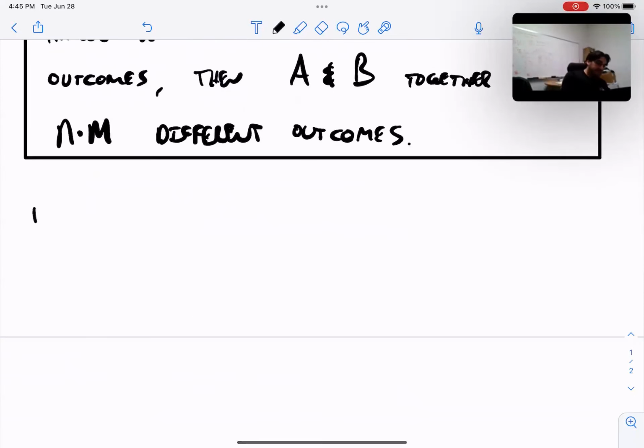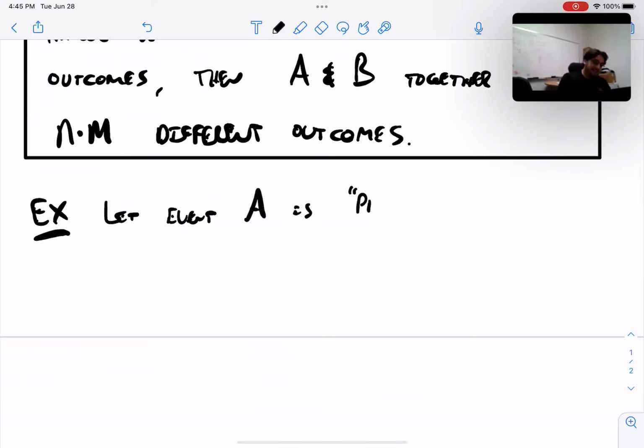So for example, here is another way to think of it. Suppose I had a deli, and let's say event A is pick my bread. This is a very simple deli. We're just going to do two things.